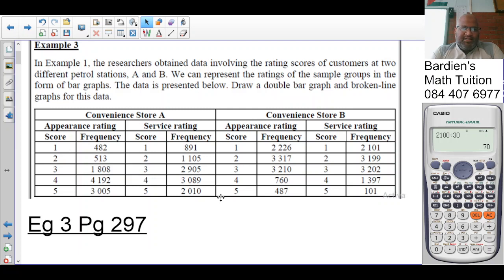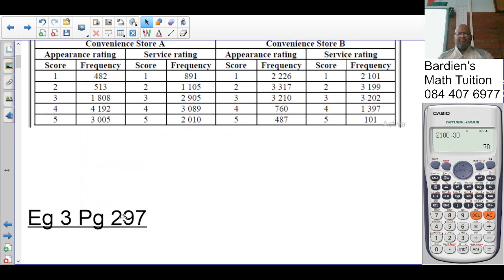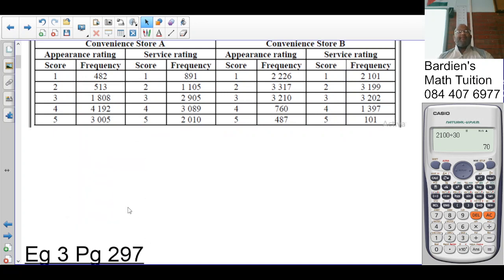The data is represented below. Draw a double bar graph and a broken line graph for this data. So we're going to look at a broken line graph. You'll see now.